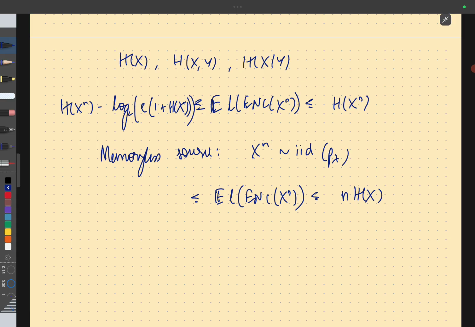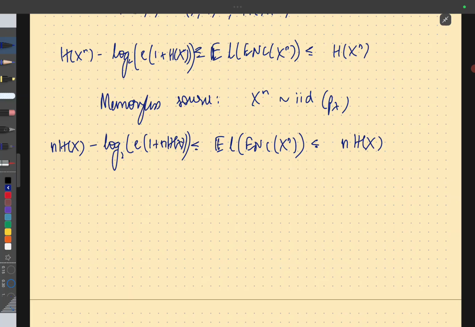And correspondingly, it's also lower bounded by n times H of X minus log e times 1 plus n times H of X. All right.